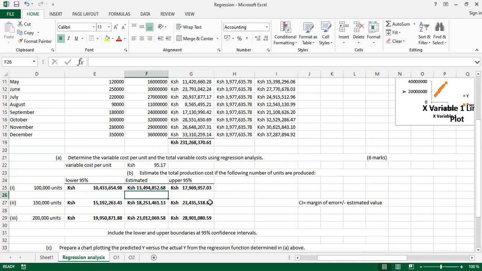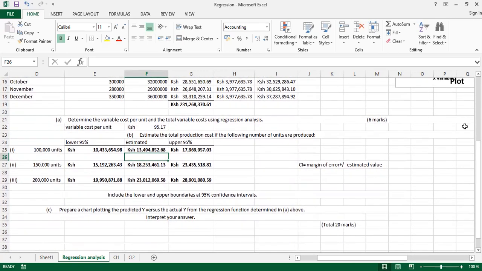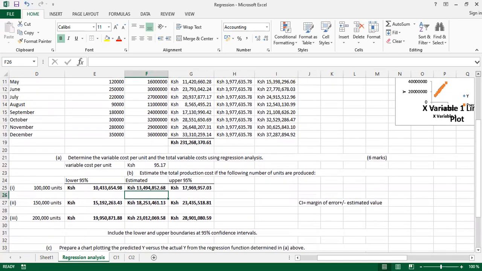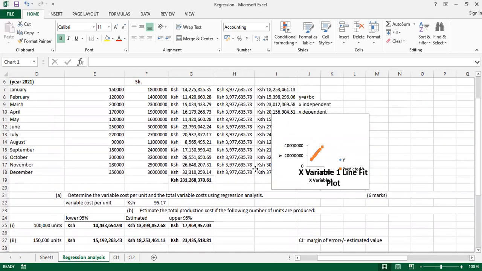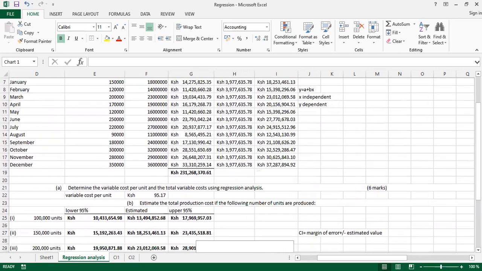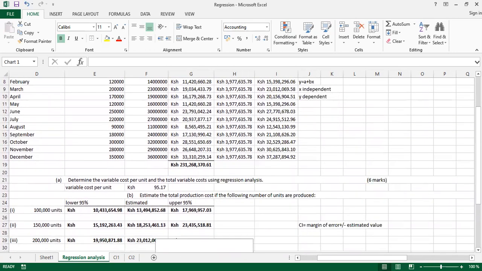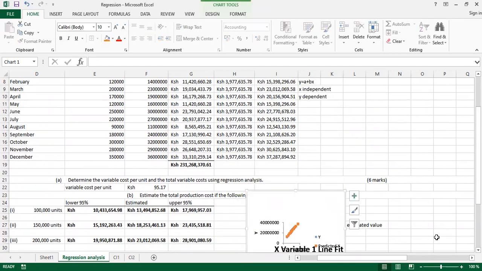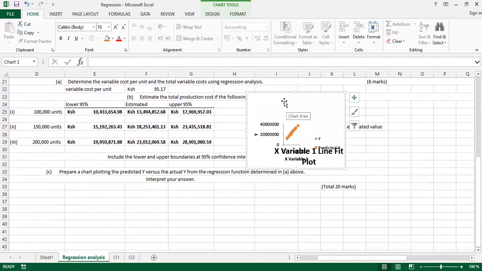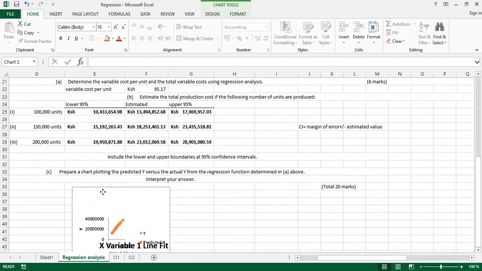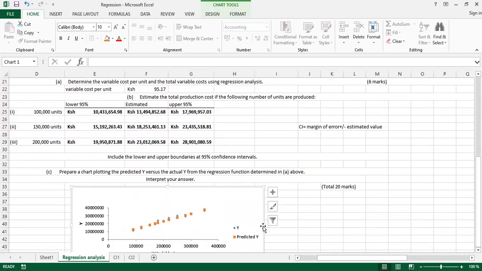And you can see also for the 200 units, actually I think here we finished. And so like you can see here under our graph, that's why we are putting in the line of fit. Let me move down here, I'll expand it.